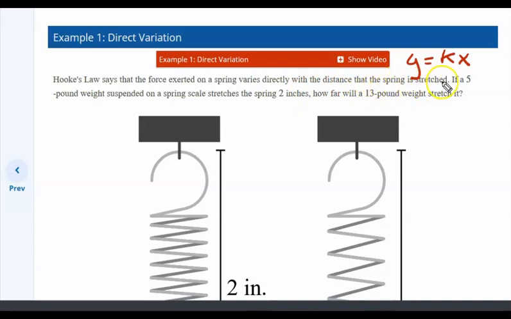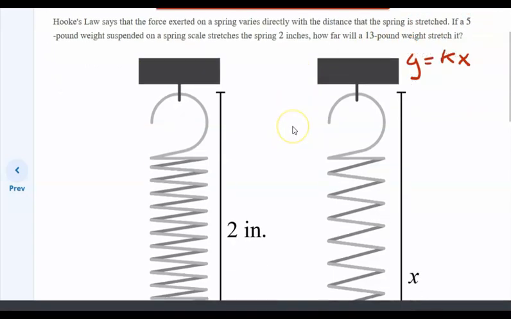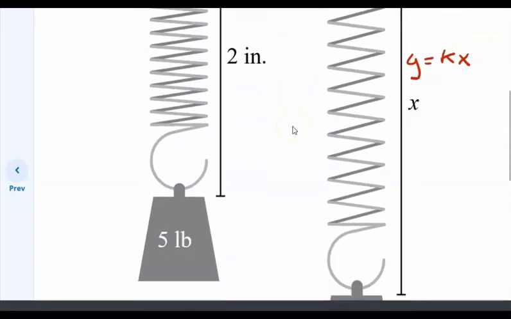That the spring is stretched. So if a 5-pound weight suspended on a spring scale stretches 2 inches, how far will a 13-pound weight stretch it? And here they give a nice diagram of Hooke's law.